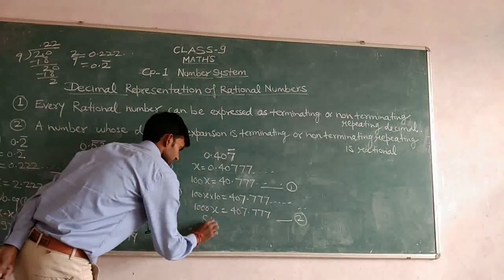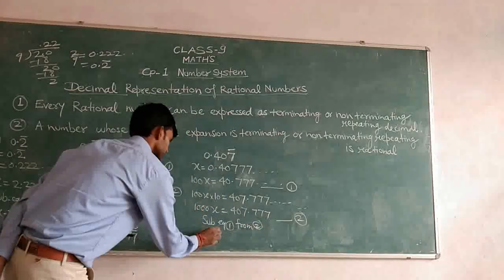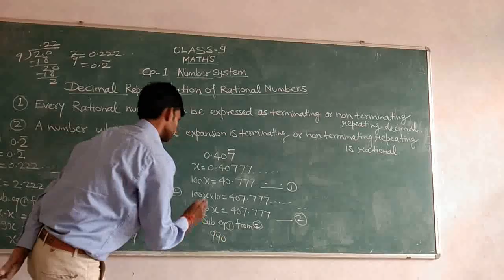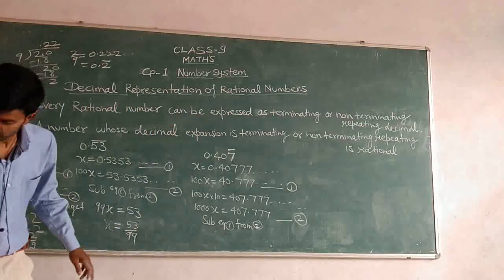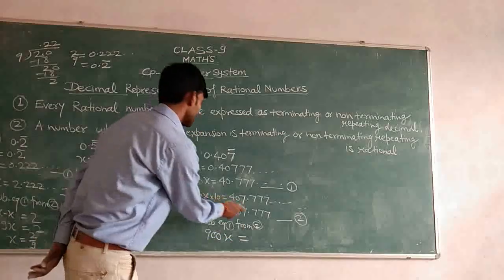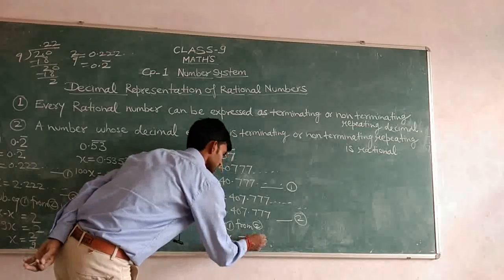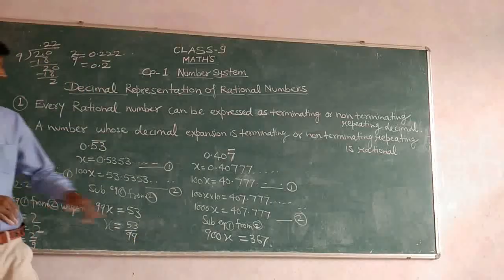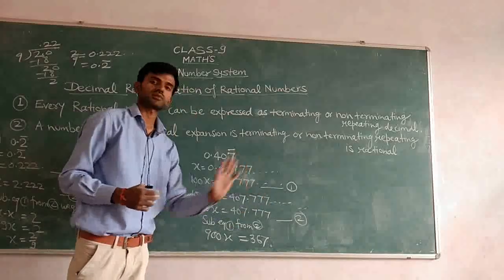Subtract equation 1 from 2. We get 1000x minus 100x, which is 900x, is equal to 407 minus 40, which gives 367, and the decimal parts cancel.